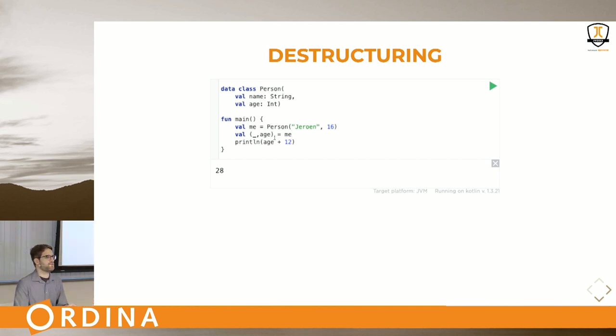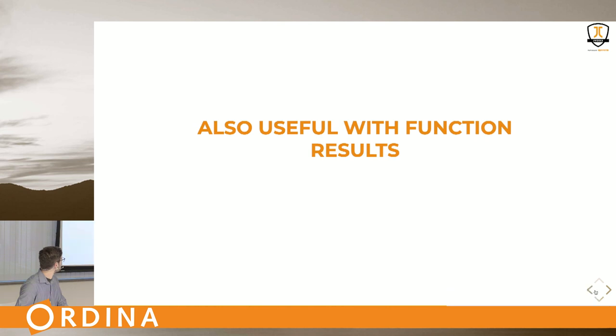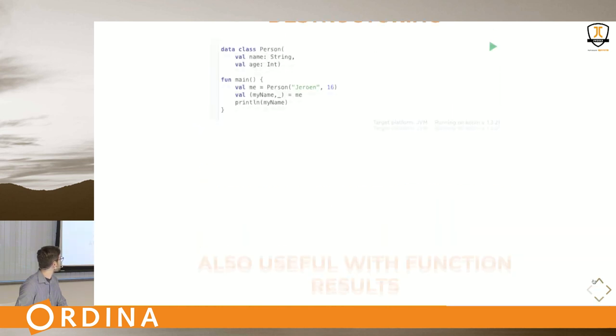You return this object, in this case a DTO, a data class, and you can immediately destructure it, and you have all the parts of the things you wanted to return. So maybe an error list and your result set, you can immediately return them.